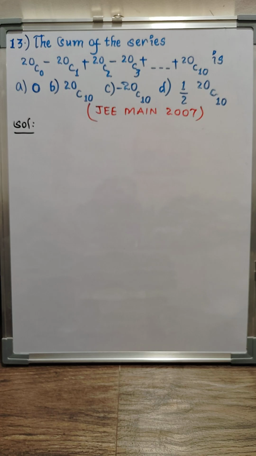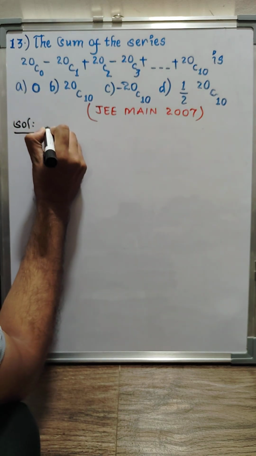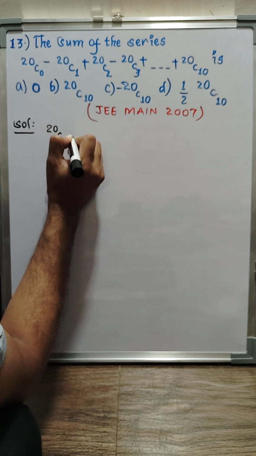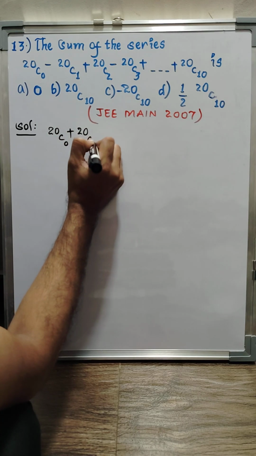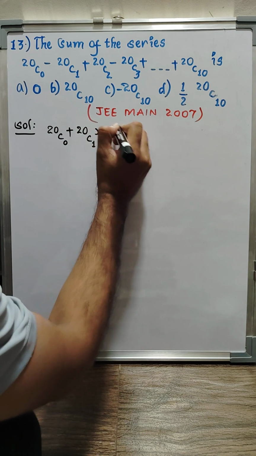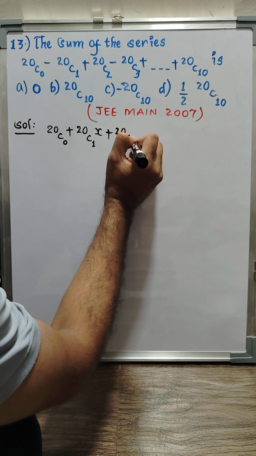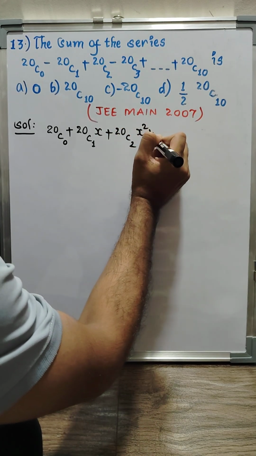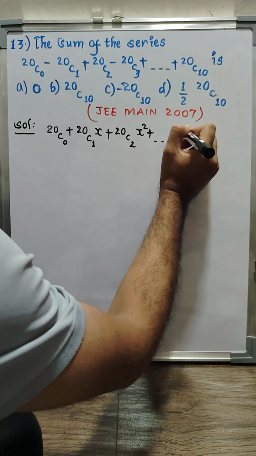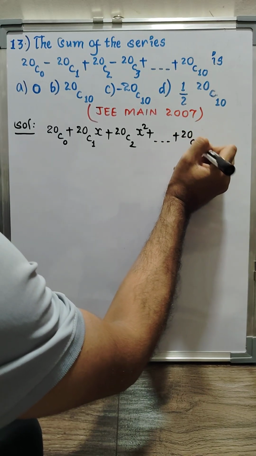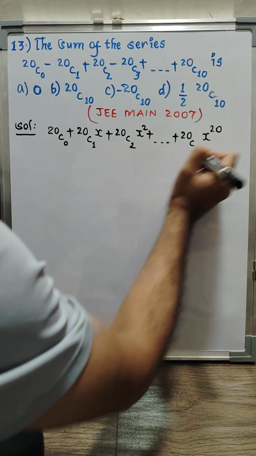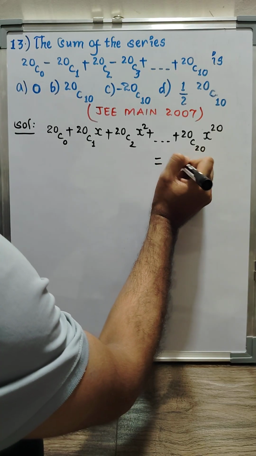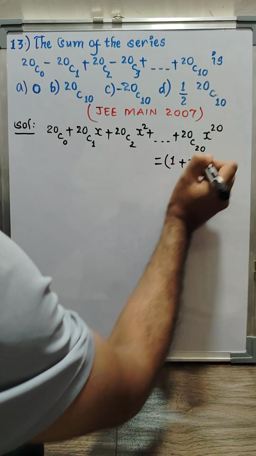First of all, we can take one expression like this: 20C0 plus 20C1 x plus 20C2 x squared and so on plus 20C20 x to the power 20 is equal to (1 plus x) to the power 20.